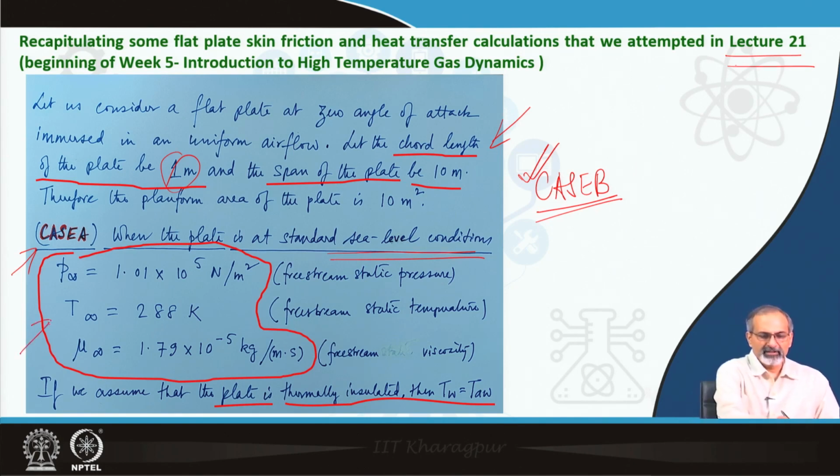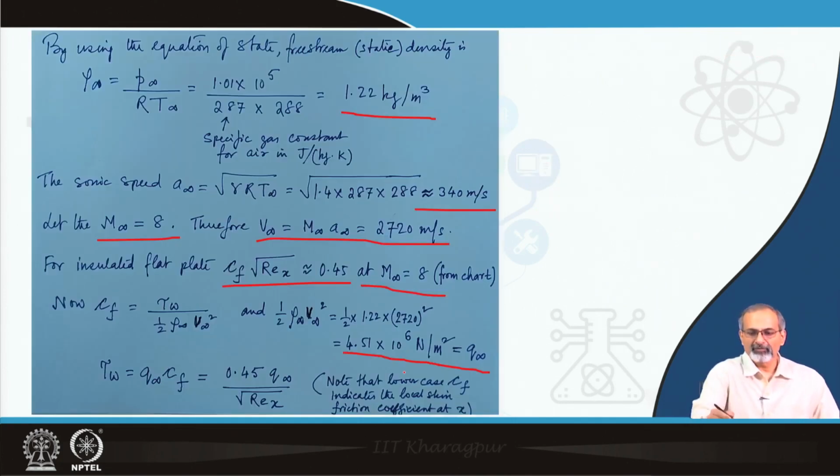So, we took the free stream pressure, temperature, and viscosity based on the altitude, and we went with the adiabatic boundary condition for temperature. We found the free stream density from the equation of state, and the sonic speed from T infinity, taking the R value as 287. M infinity was taken as 8.